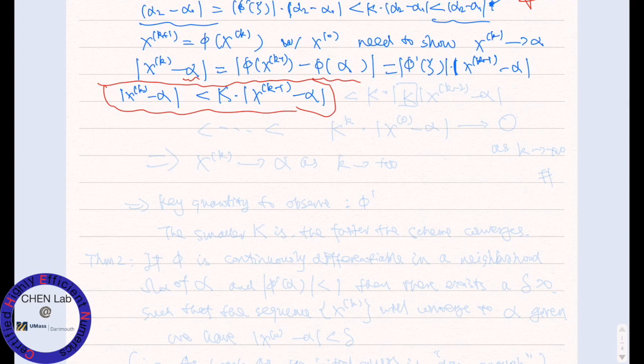This is less than, I keep that k. If I turn the second part into x_k minus 2 minus alpha, what do I get? What should I keep? What should I put in the middle?